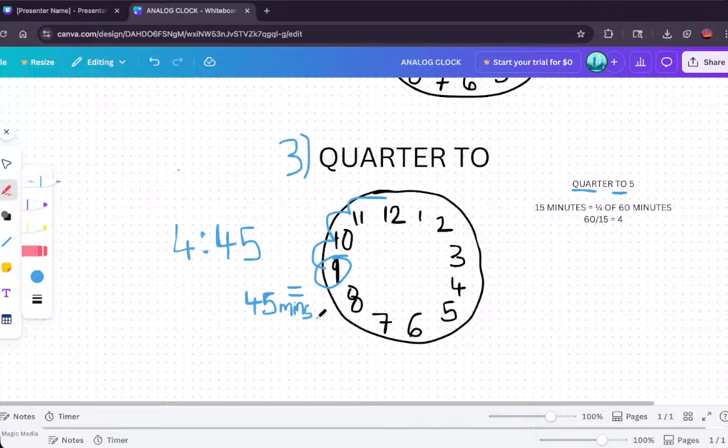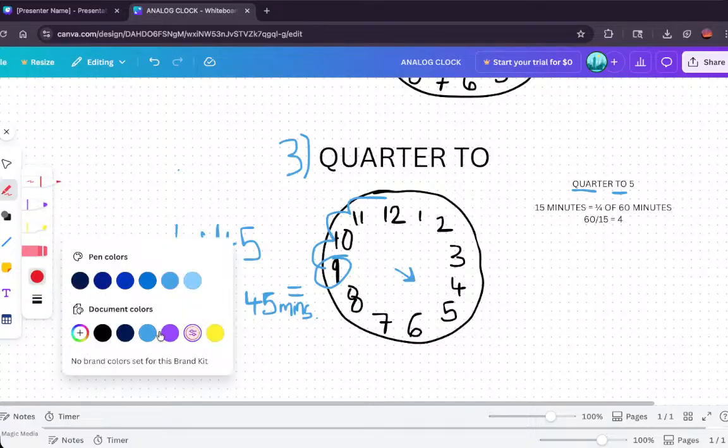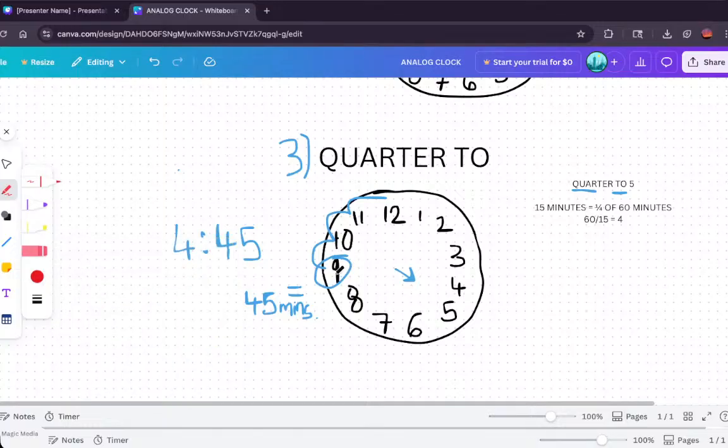Okay, so let's depict that over here. 4:45. That means the hour hand would be in between 4 and 5. And then the minute hand, which will be in red, will be at 9 because it's 4:45.